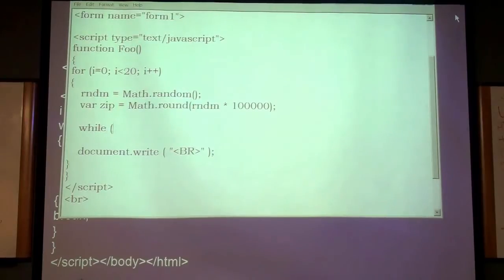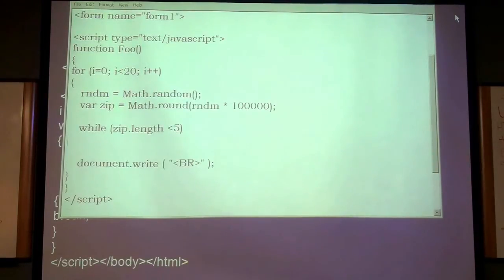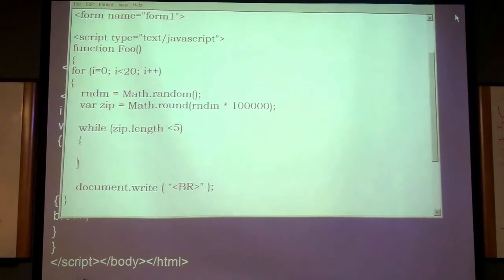I'm saying while the length of the zip is less than 5, so basically it contains fewer than 5 characters, what I need to do is simply add zeros. In this case I'm saying zip equals 0 plus zip.